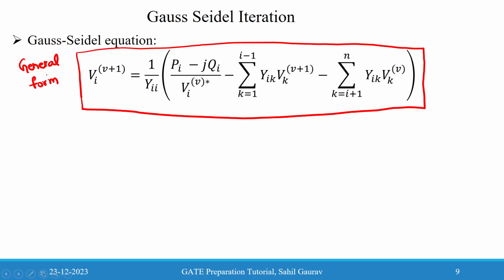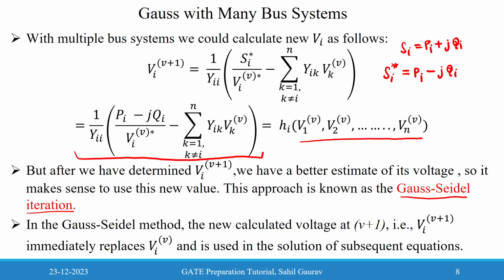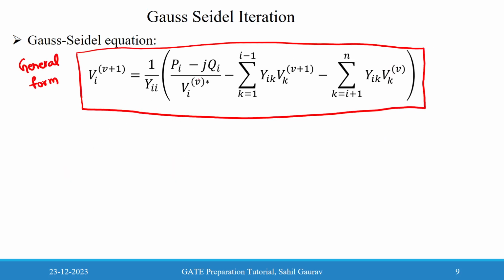Just remember the Gauss iteration expression, this expression. Don't remember this big Gauss-Seidel expression. It looks a bit more complex, and it is hard to remember. So we will see this with an example.